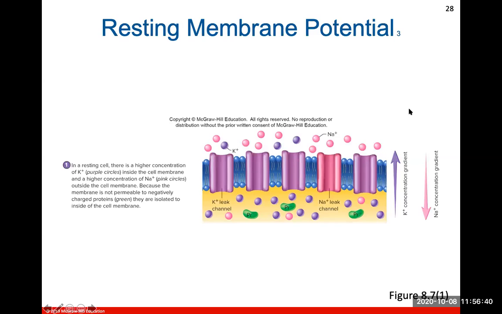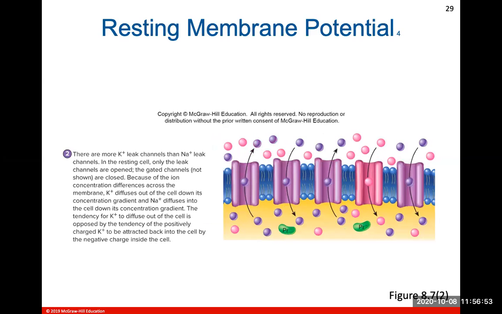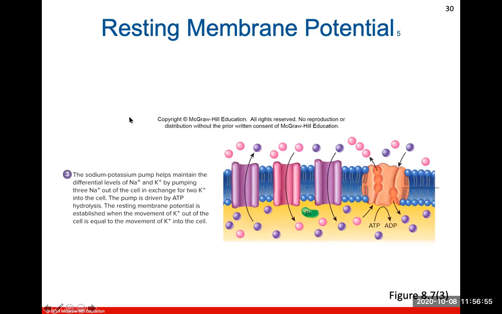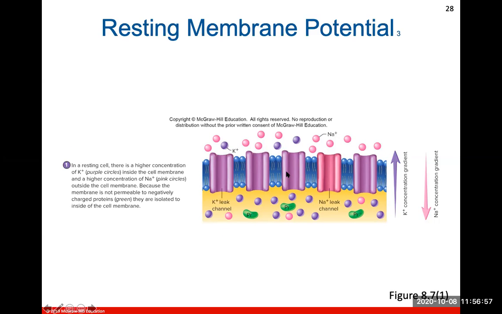So here's a look at the resting membrane potential. These are channels. This is similar to the pictures we went over with muscles on Tuesday. This is at resting, all the channels are closed except a few leak channels.